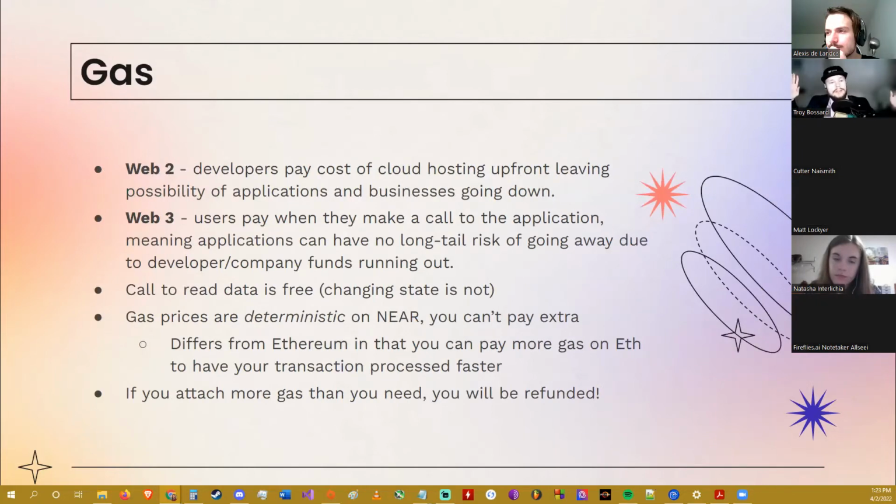Another really important concept to understand in the context of blockchains is gas. So we'll give a brief comparison, and that highlights why gas is kind of an innovative thing. Some people hate paying gas fees, and actually gas fees are really low on Near, by the way.